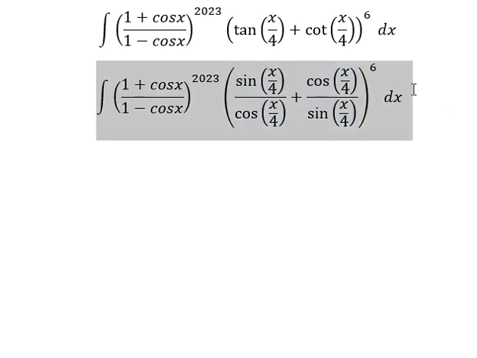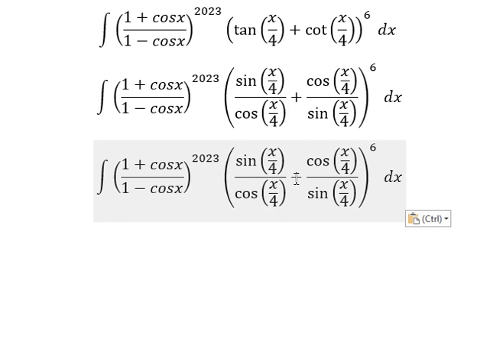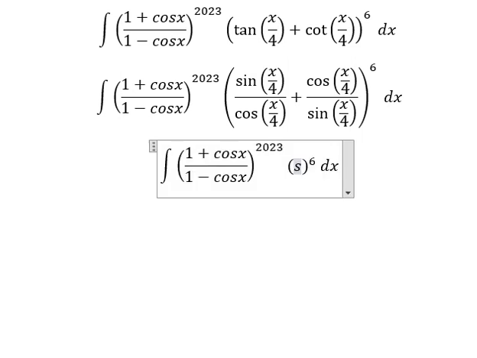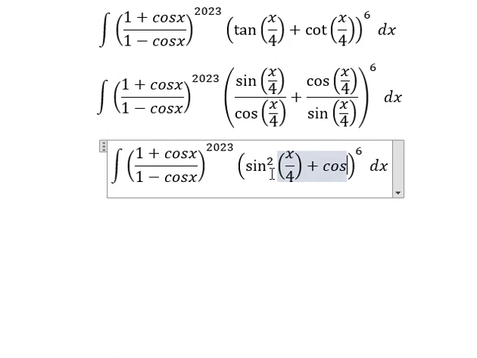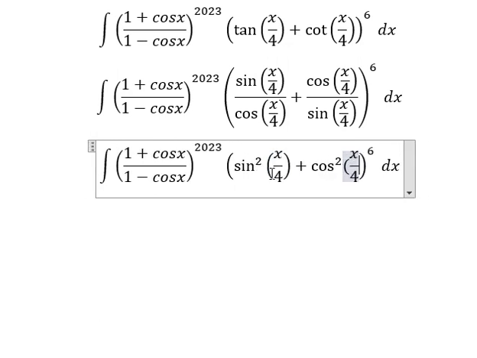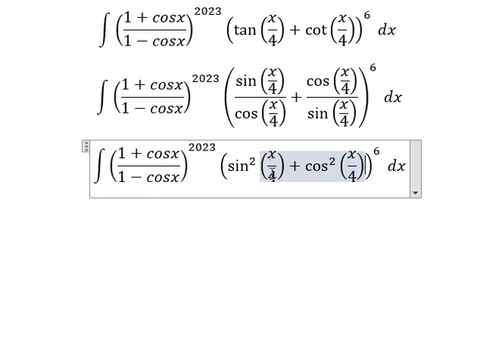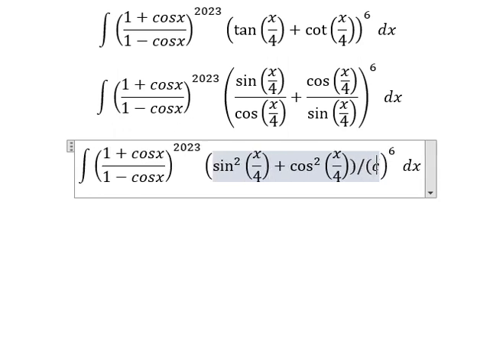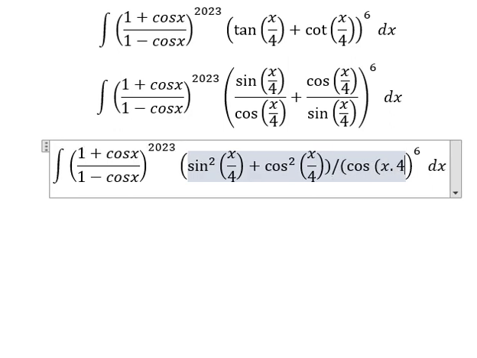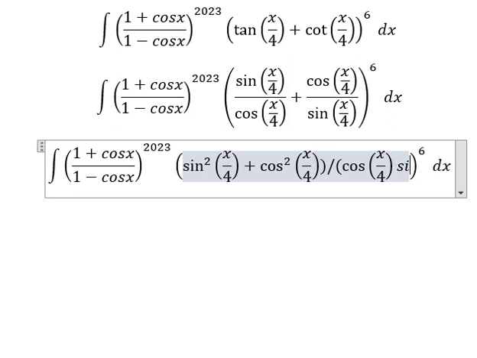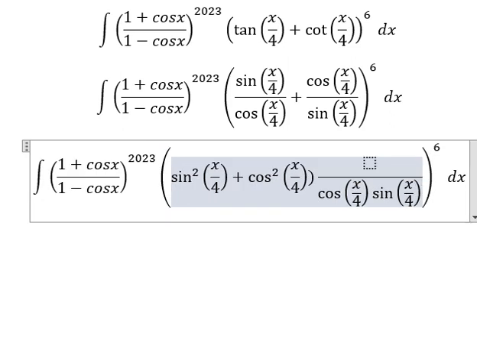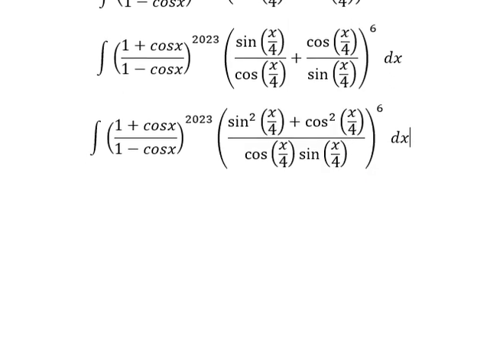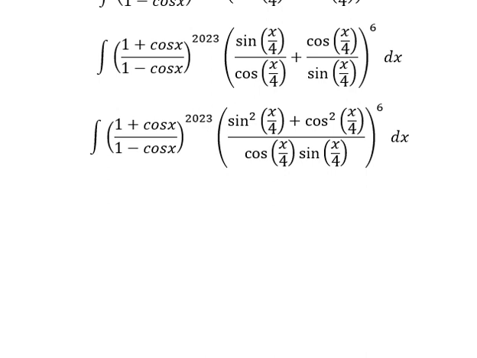Next, we find the common denominator in here, and that should be like this. So we have the formula in here.